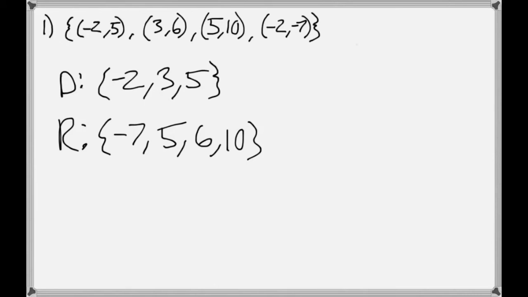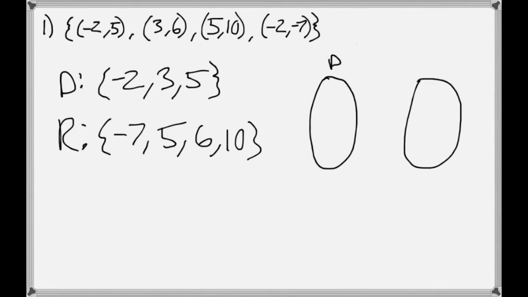To figure out if it's a function or not, the traditional way is to create a mapping between the domain and the range. So I'm going to list these numbers here. And then I'm going to map the x values to their corresponding y values.